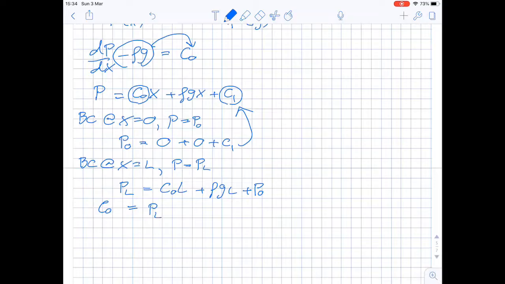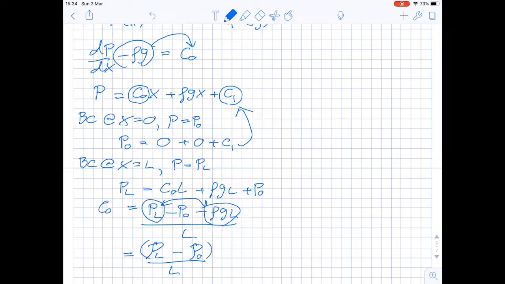C0 supposed to be PL minus P0 minus rho gL over L. And again, we can combine PL and rho gL using the definition of modified pressure, and eventually you get modified pressure PL subtracted by modified pressure P0 over L for C0. Alright?